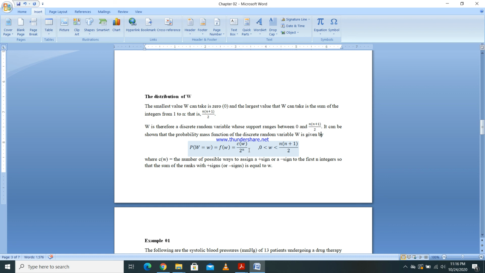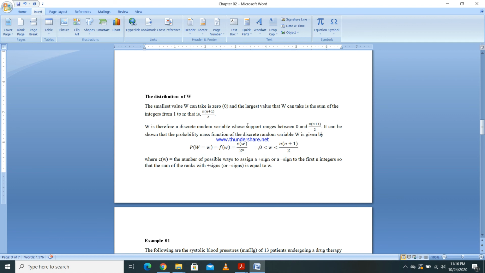So you take the number of possible ways that you can assign these positives and negatives in order to get the summation as W. That gives you a probability: from all the combinations, 2 to power n, you have this many ways to get the summation as W. That is the probability mass function of this W.